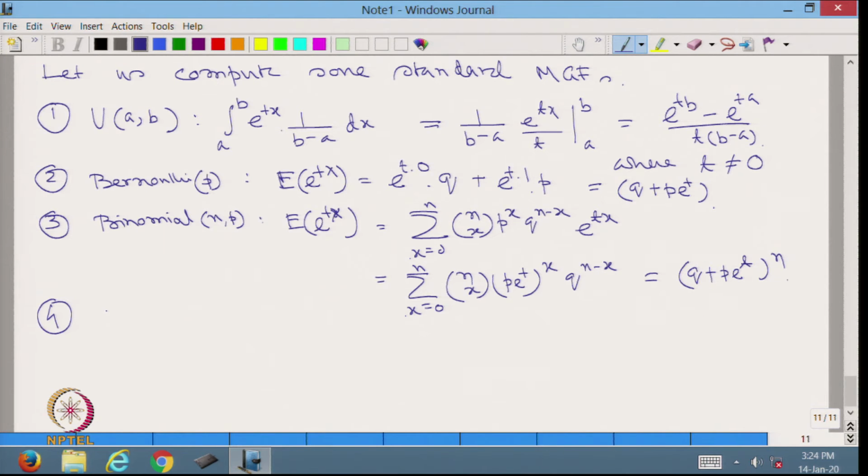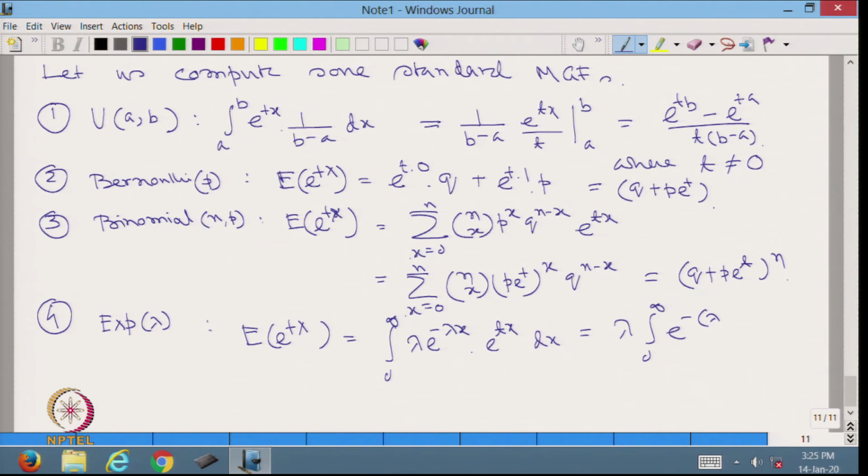Let us consider the exponential distribution with lambda. Therefore, we are looking at the expected value of e to the power t x, which is the integral from 0 to infinity of lambda e to the power minus lambda x into e to the power t x dx, equal to lambda into the integral from 0 to infinity of e to the power minus lambda minus t x dx, which is lambda upon lambda minus t.